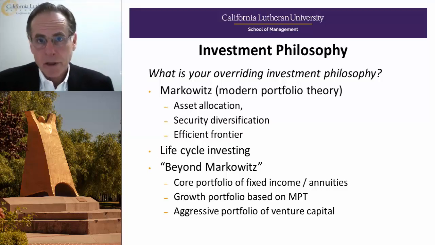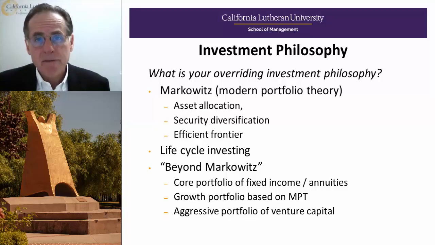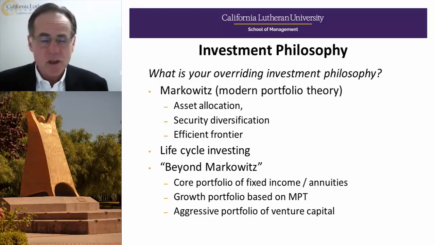In Business 593, Investments and Portfolio Management, you studied in detail modern portfolio theory, the idea that asset allocation is the most important decision. Once you identify those asset allocations that are appropriate for your client's needs, circumstances, and risk tolerances, then within those asset allocations of stocks, fixed income, real estate, etc., there's proper diversification among securities.